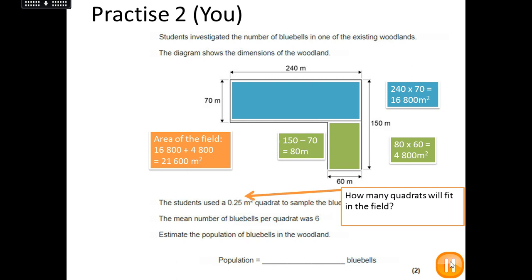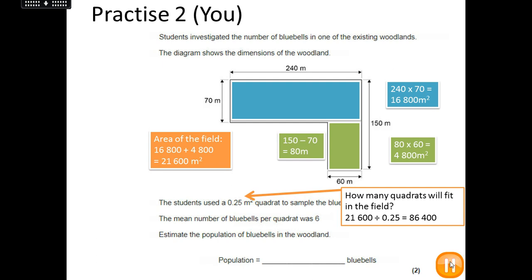So once I've got the area of the field, I can calculate how many quadrats will fit in that field. Can you see how there's an extra step, and that's because this is a higher demand paper. So 21,600 divided by 0.25, which is the size of our quadrat, that field would fit 86,400 quadrats in it.